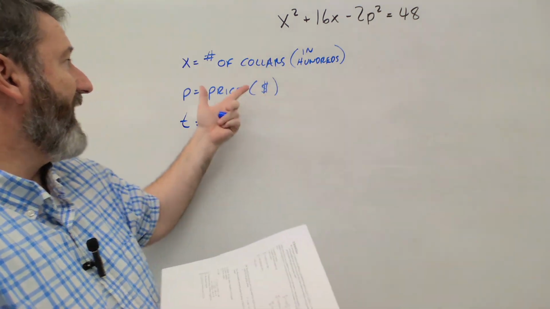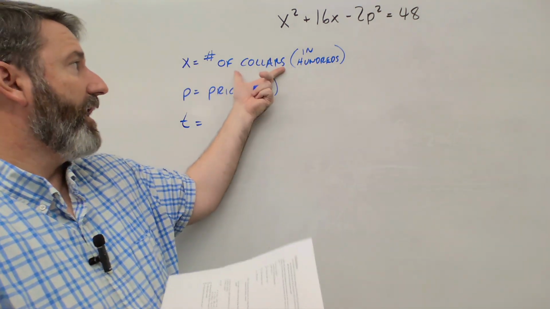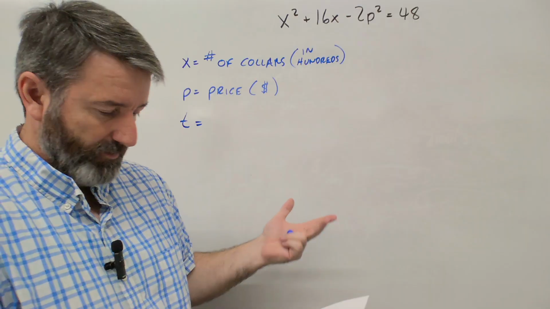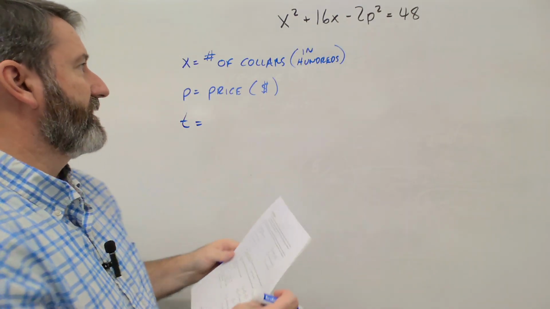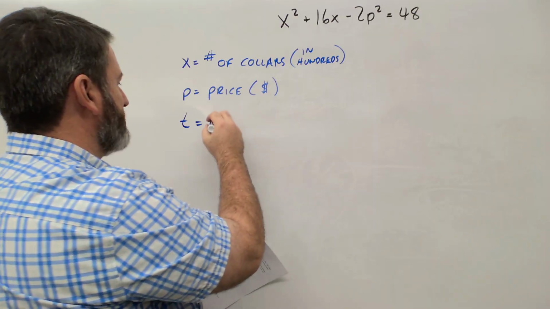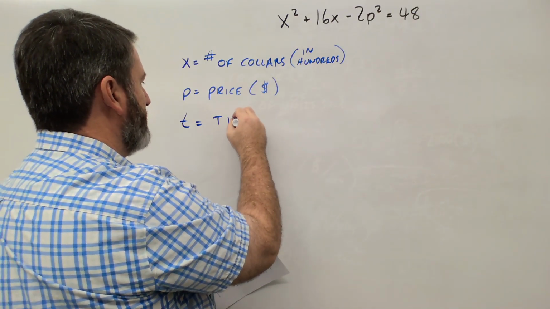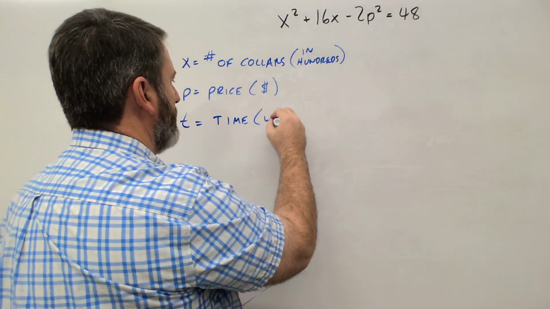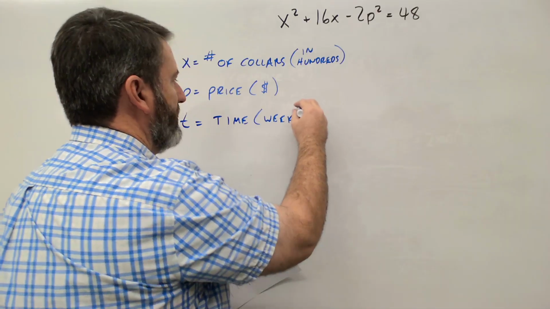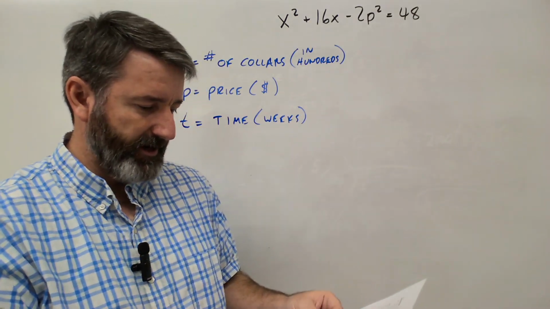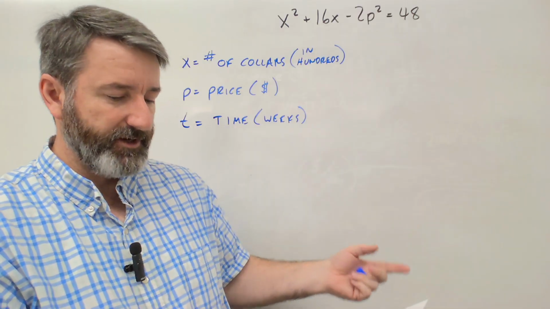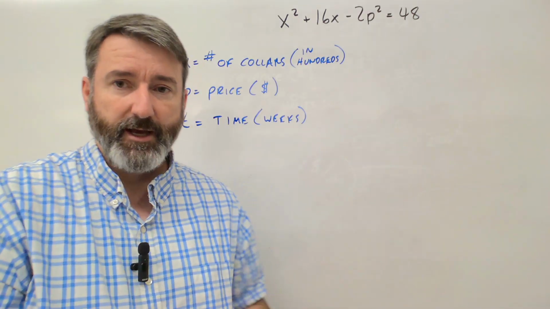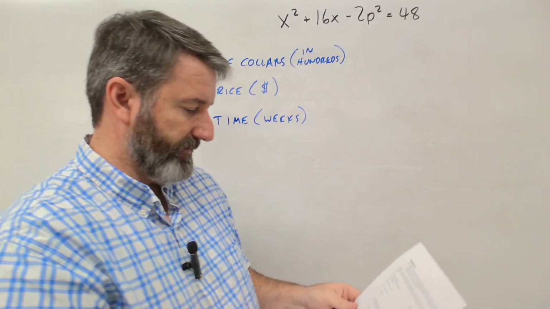We're asked to find how quickly, in collars per week, our supply is changing. So T is going to be time in weeks. And we know we want it in weeks because we're told that the price is increasing at 10 cents per week. So those are the units that we've been given.